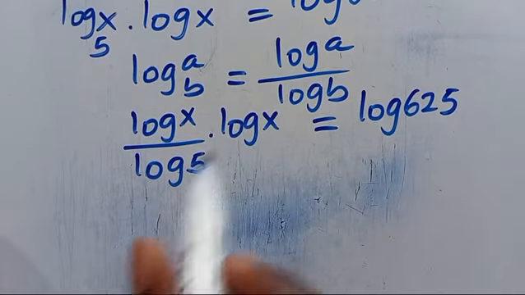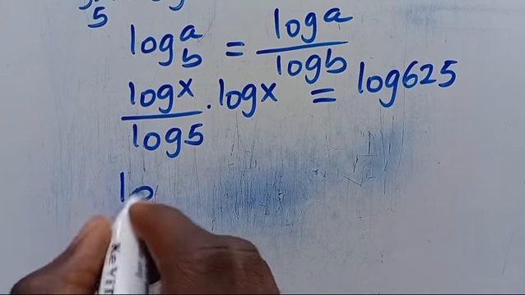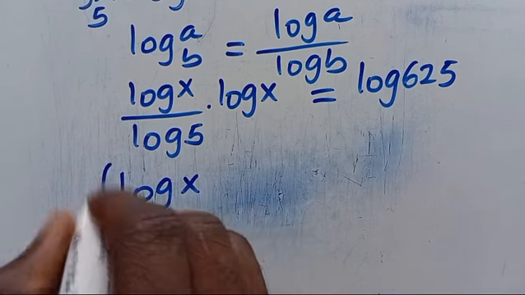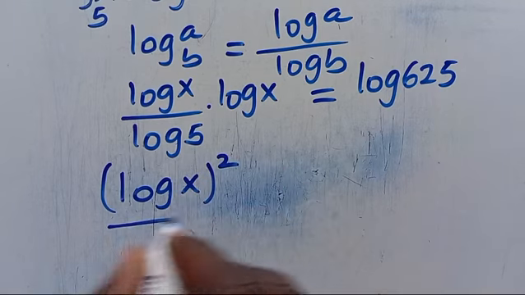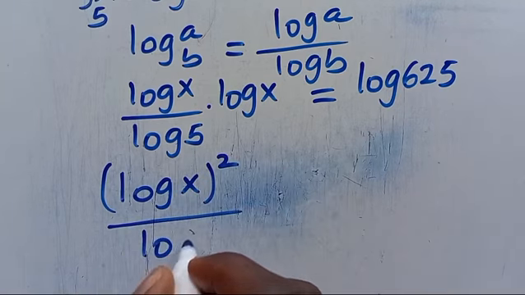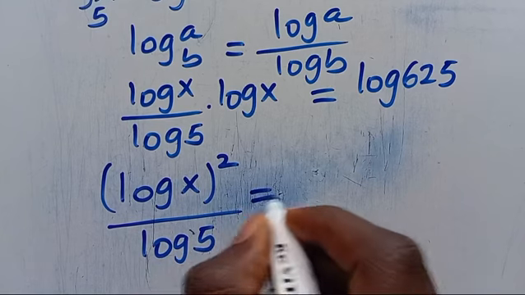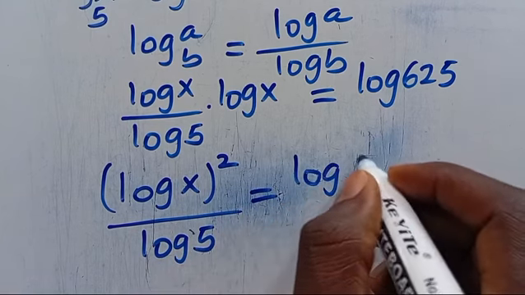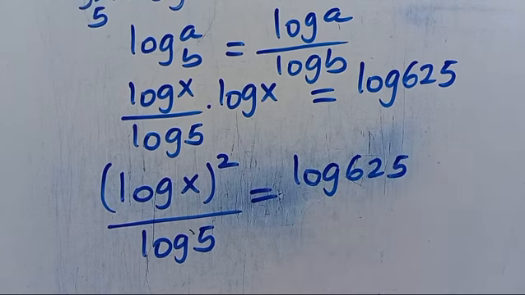When you multiply this together, we are going to have log x in parentheses to the power of 2 divided by log 5 equals log 625.